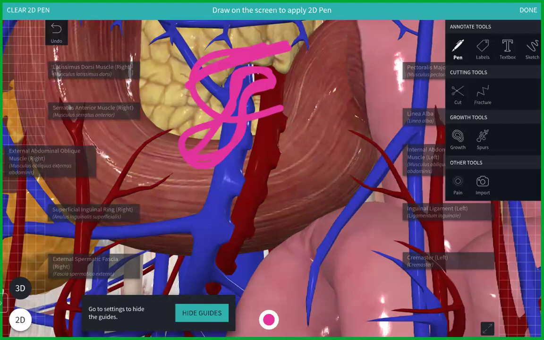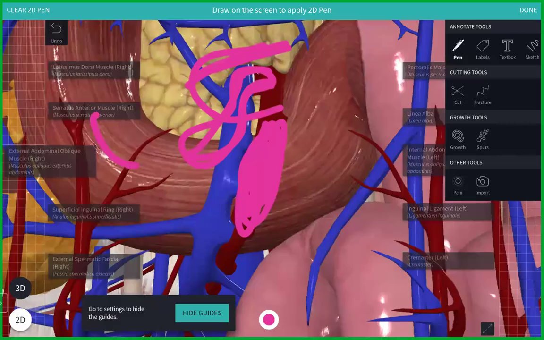Due to any reason, if the superior mesenteric artery dilates, it will block the duodenum, right?